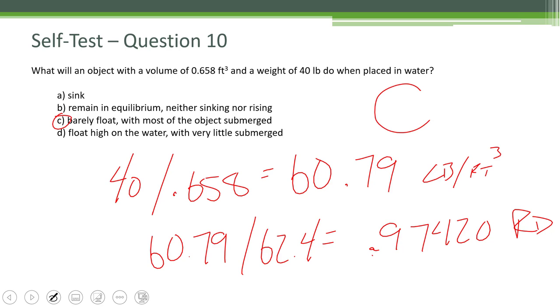It would float like this, where 97.4% would be below the water, and the difference, 2.6%, would be above the water. That's another way to think about it.